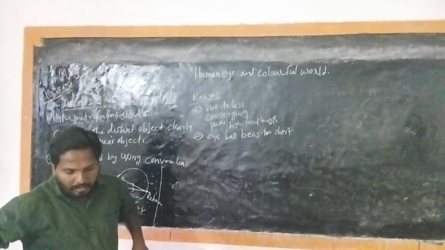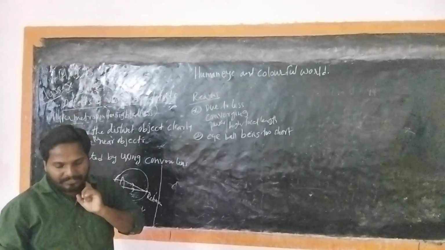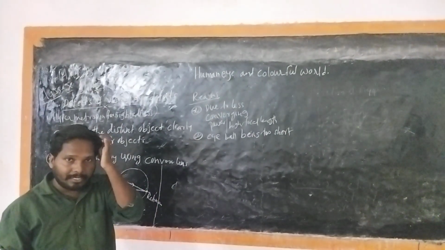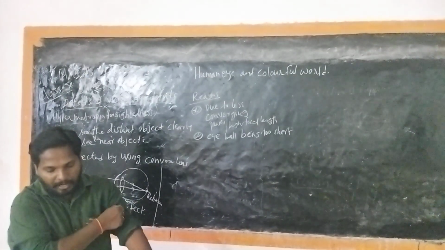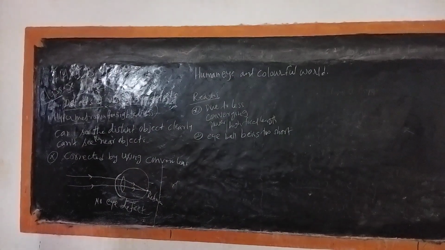And the eyeball is too short, so the distance between the eye lens and the retina is small. The condition also results in the formation of the image of a nearer object behind the retina.